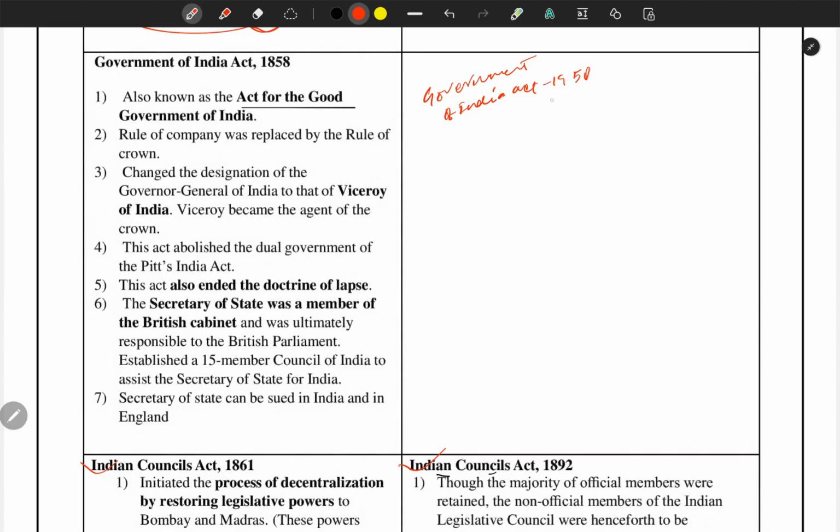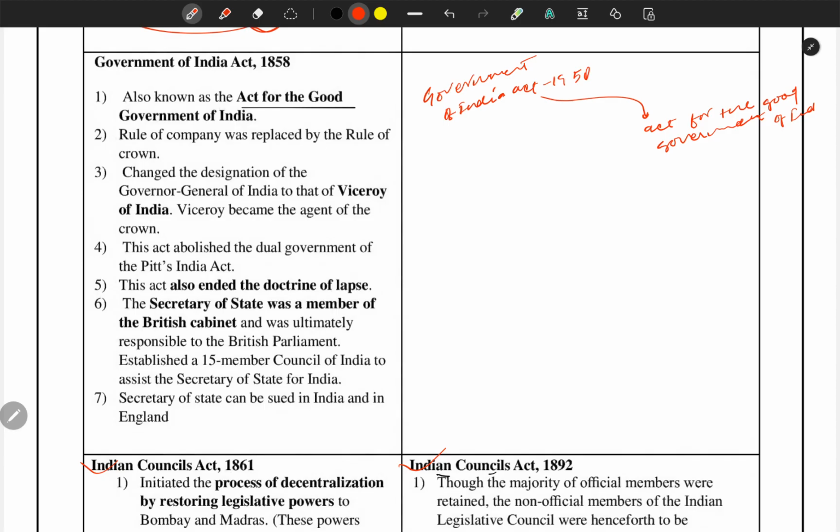So this question may arise in your examination, which act is known as the Act for the Good Government of India. You have to mark Government of India Act of 1858.